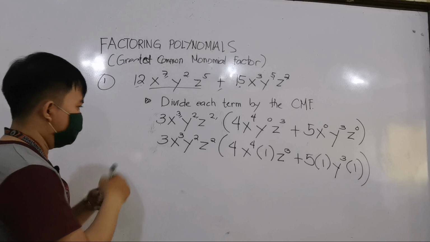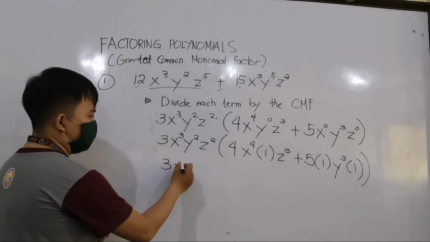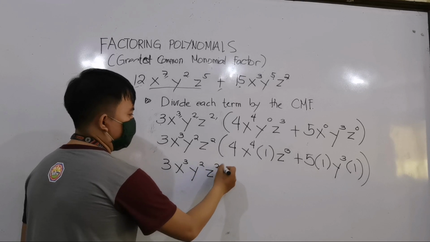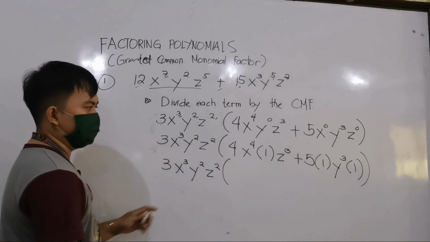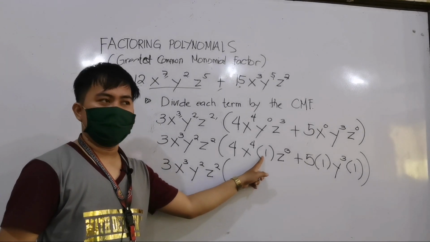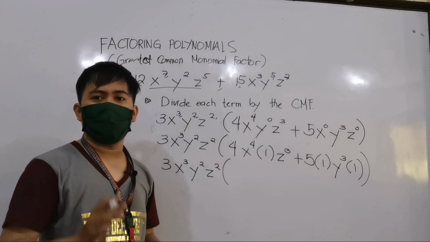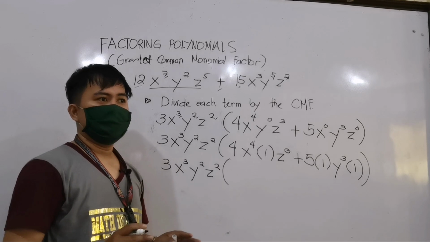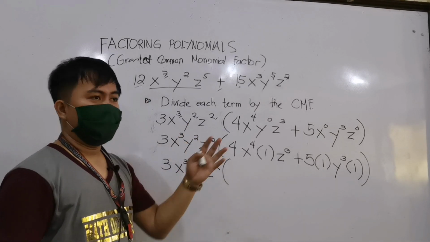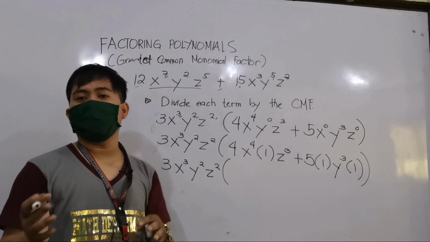Simplify na naman po. Kokopyahin 3x cubed, y squared, z squared, open parenthesis, times 1 po dito. Ibig sabihin, any number which is multiplied by 1 is just a number again, or itself. 5 times 1 is 5. 10 times 1 is 10.